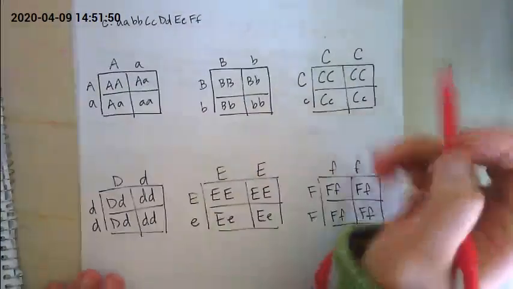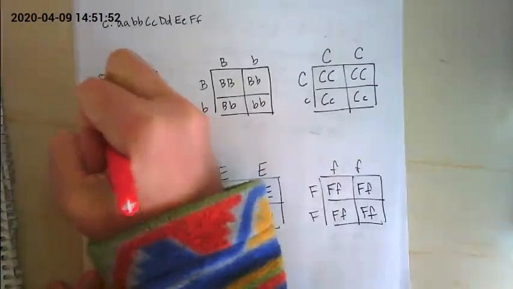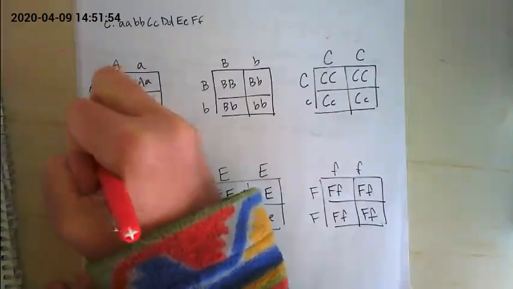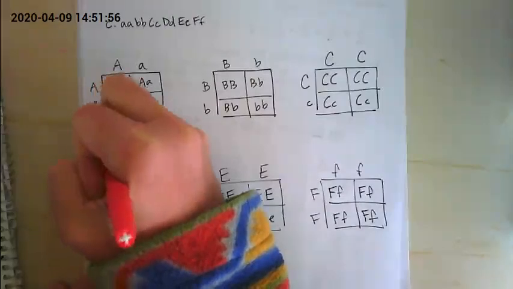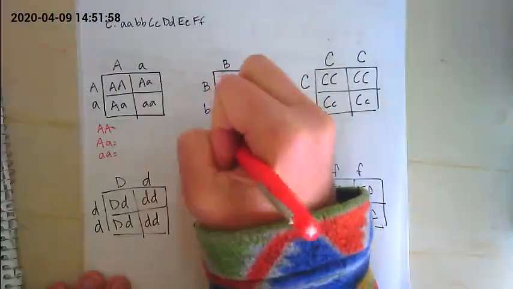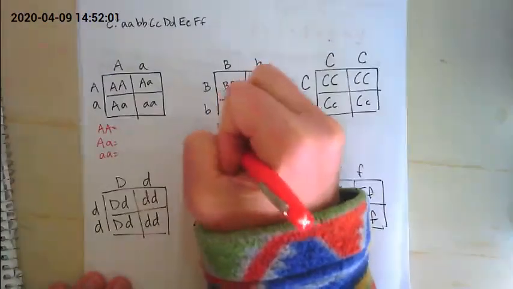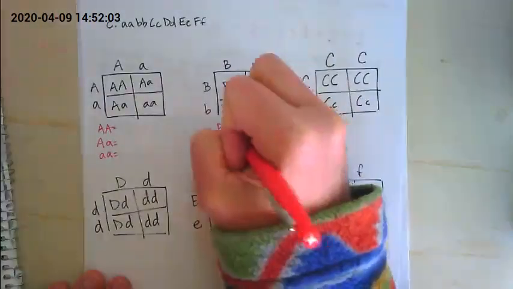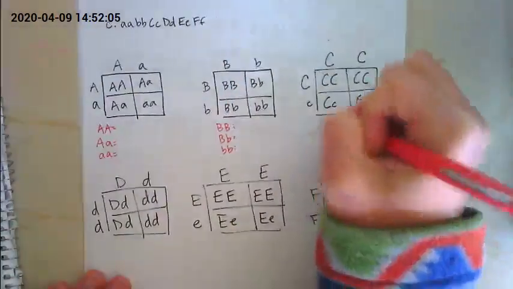All right. Okay, so let's do our genotype frequencies. Write out all the possibilities. These are the three. I think dots are faster than slashes.